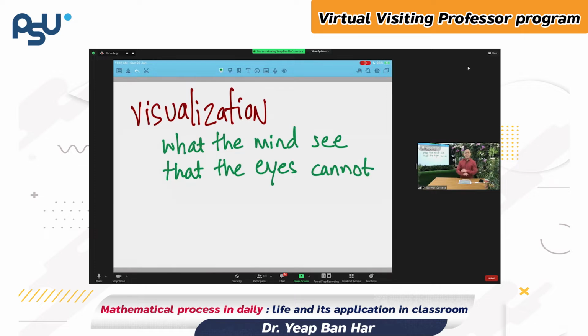There are many things in physics that don't exist because they are not matter, like electricity, like forces, like magnetic field. You cannot see them. How to understand them? Visualization. So you need visualization in mathematics. You also need visualization in physics.